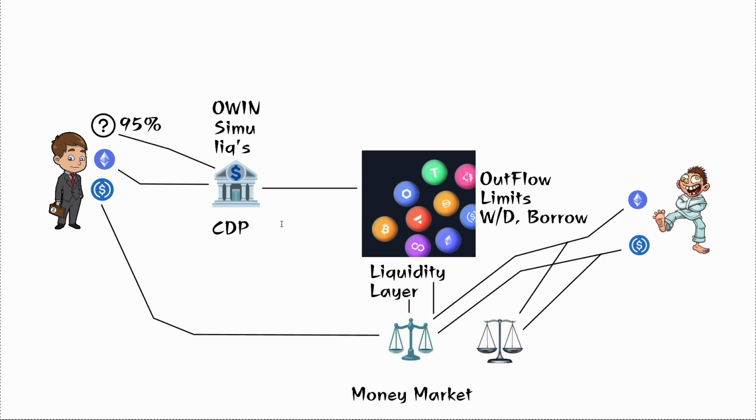Now, the thing that they spent a lot of time talking about is the liquidation system inside this CDP, which is quite different from other places. It only liquidates what is needed.